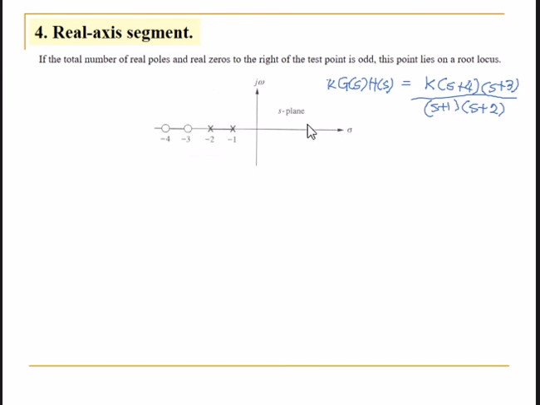We draw the s plane. S plus 1, s plus 2, this is our poles. So we draw poles at negative 1, negative 2. And then our zeros, s plus 3, s plus 4, we transfer to the s plane, we get negative 3 and negative 4. Okay, so this is our real axis segment.